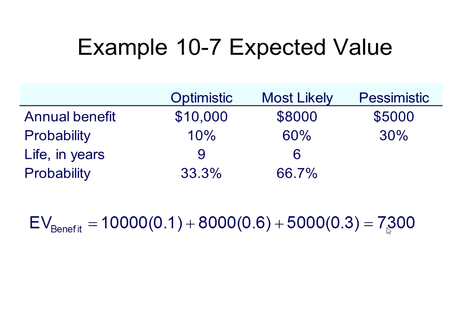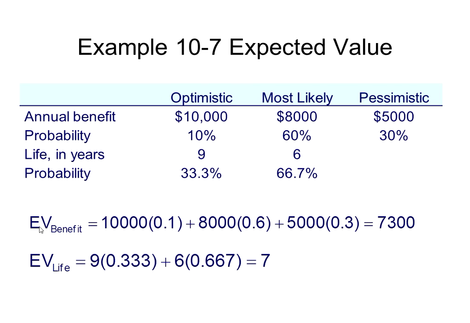That gives us 7,300 as the expected value of the benefit. Similarly, we're going to do the same for years and get the expected life. So we just multiply 9 by 1/3 and 6 by 2/3 and add those products together, and that gives us the expected value of life, which evaluates to 7.